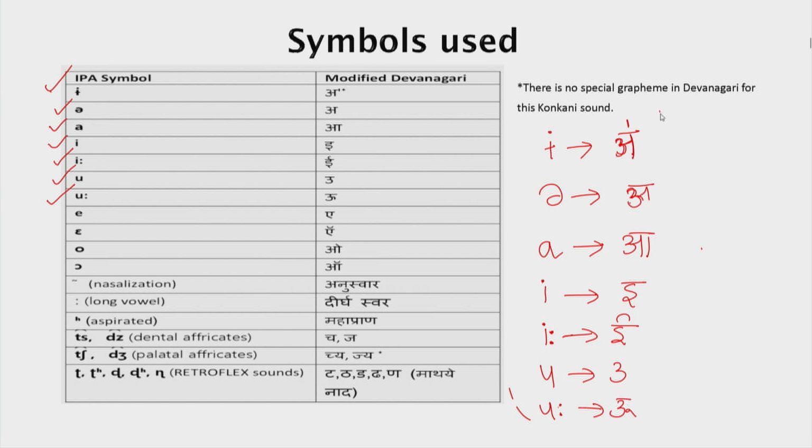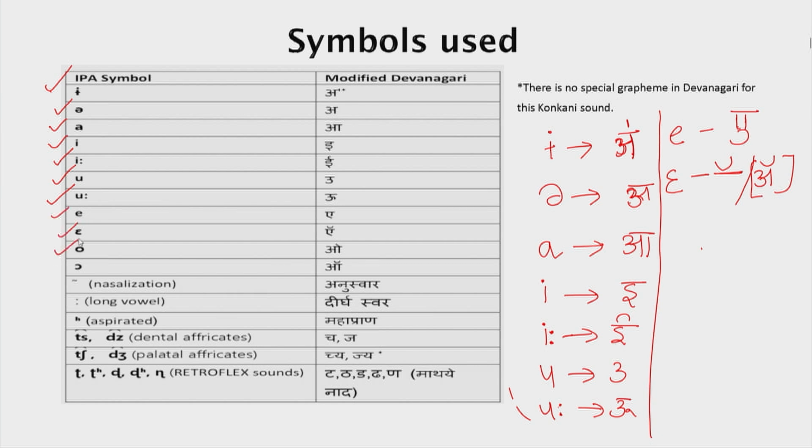We have A in the written form, which is written as like this. If we want to write A, the symbol is like this, and the pronunciation is with a Ardha Chandra above any word. Pronunciation is this, A.